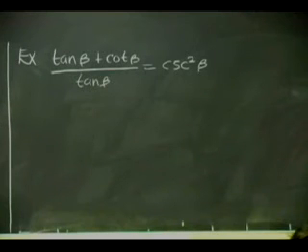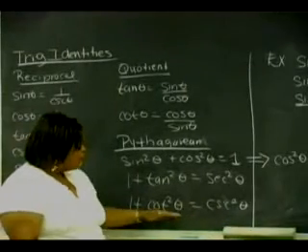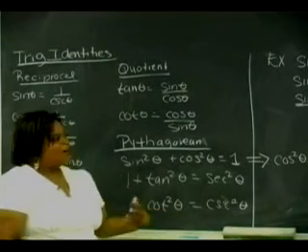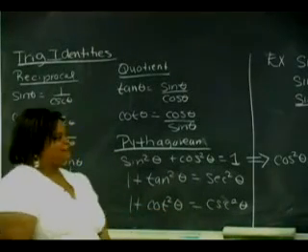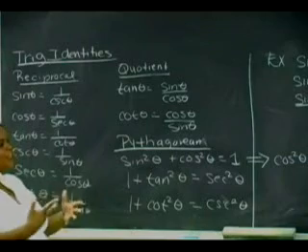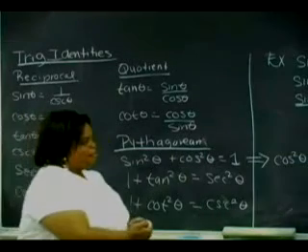Let's think logically about starting this problem. I have a cosecant squared beta over there. Looking at my identities, where do I have a cosecant squared beta? Right here: 1 plus cotangent squared theta. So I need to think about what can I do to that left-hand side there?